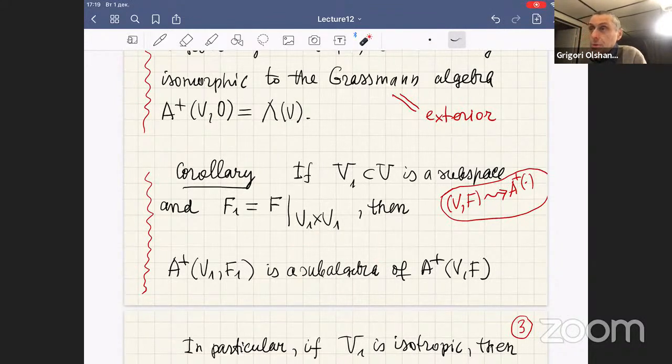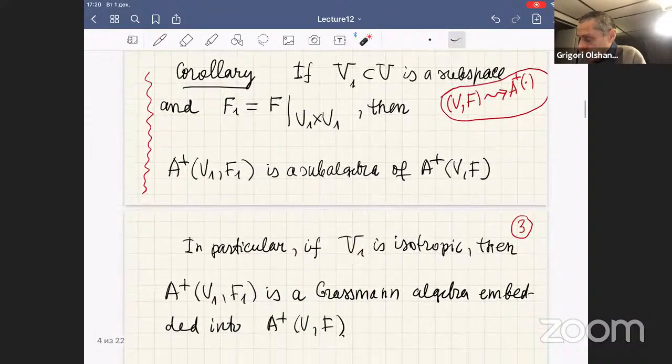But because we can control the size of our objects, which amounts to the fact that if you take a subspace, then the corresponding Grassmann algebra is a subalgebra of the ambient Grassmann algebra. So this is essentially trivial.